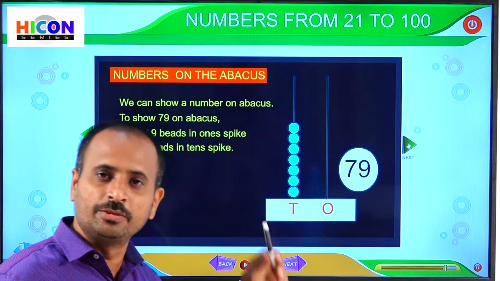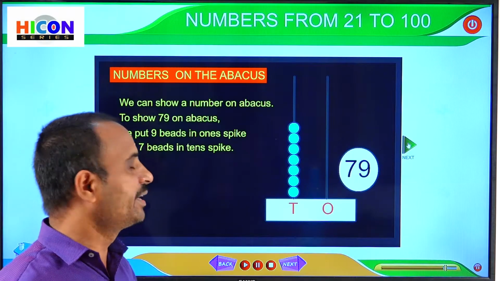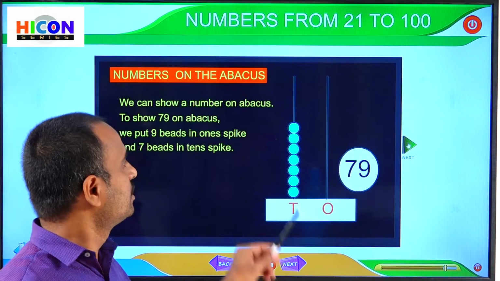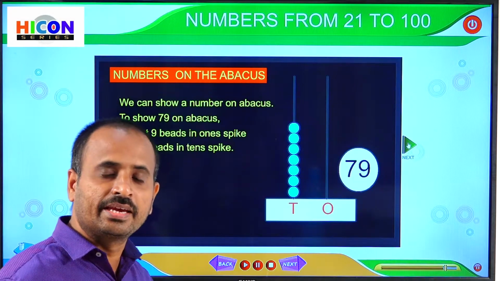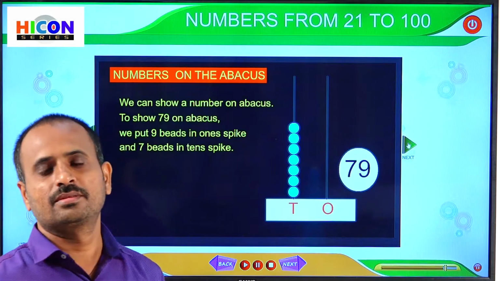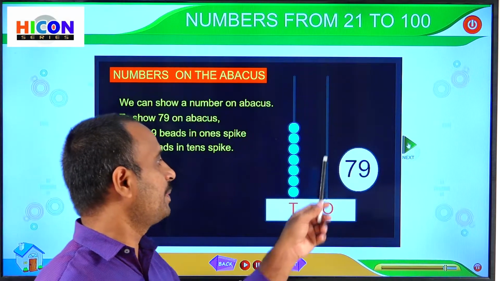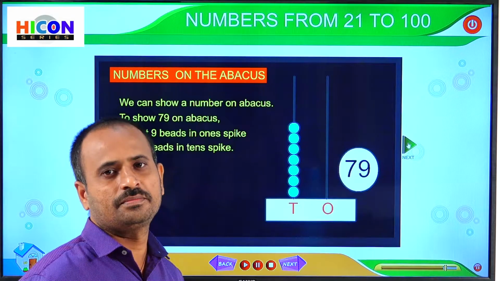For each place there is a spike on the abacus, and we can put beads on it. These are called beads. By keeping these beads on these spikes, we can represent numbers. So with the help of these spikes and beads, we can represent the numbers on the abacus.